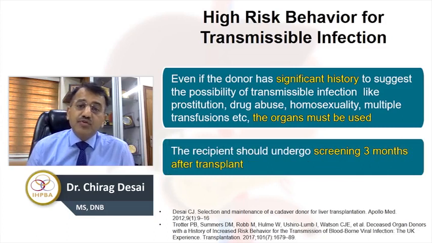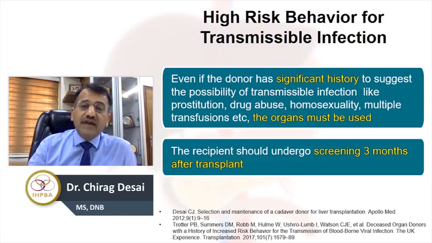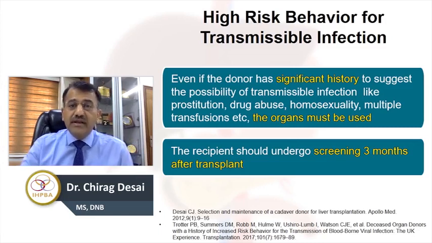The recipient should be screened after 3 months, and if they are found to have viral infection, then they should be treated accordingly. But just because of the history of high risk behavior, the organ should not be discarded.